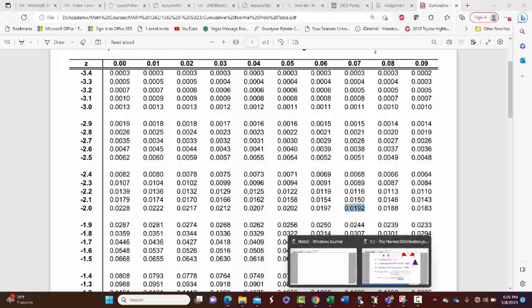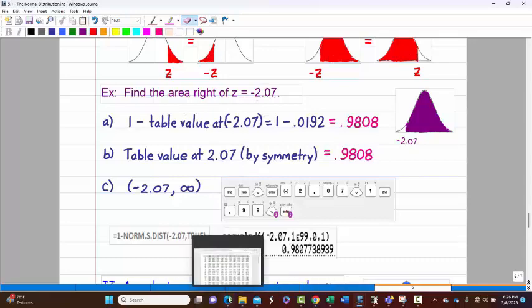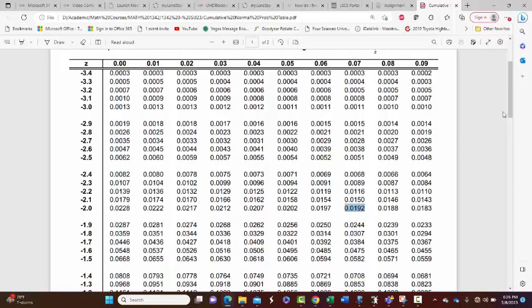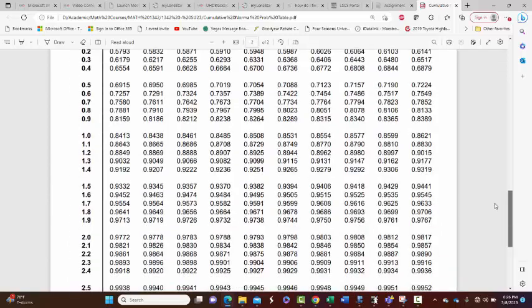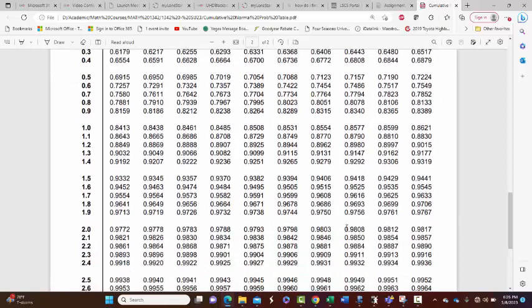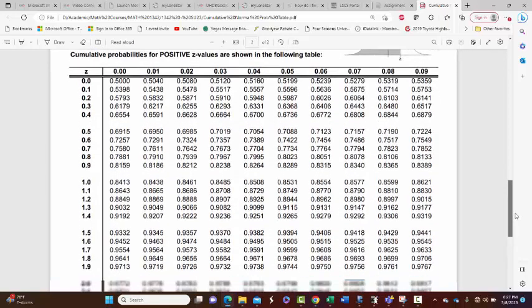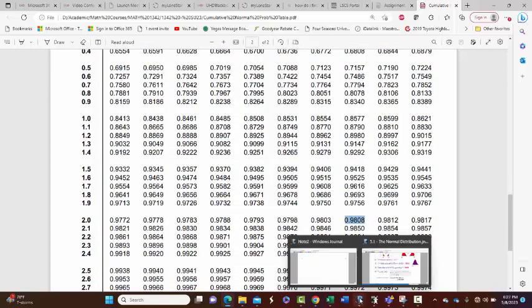So it's going to be 0.9808. Or, instead of doing the 1 minus, because it's to the right, you can flip it over and just look up 2.07. And there's the number right there. I can scroll back up, but that is the 0.07 column. So 2.07, directly you get 0.9808.